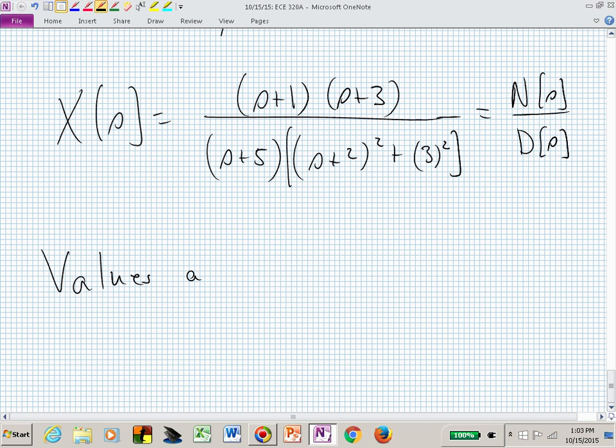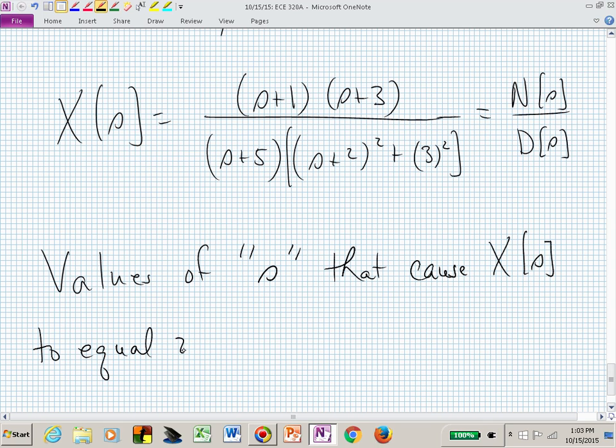Let's start with zeros. Here we're going to say that the values of S that cause capital X of S, that's the whole thing, to equal 0 are called zeros. That seems kind of logical, doesn't it?